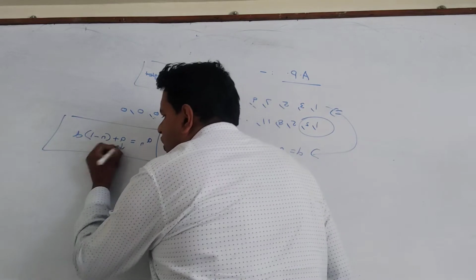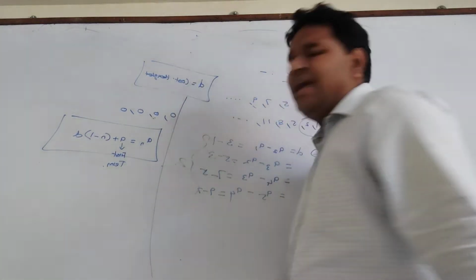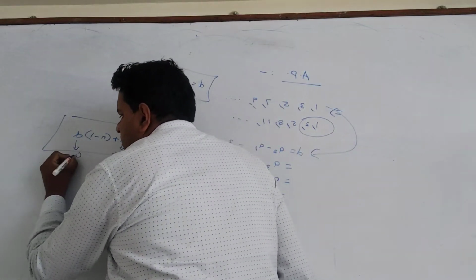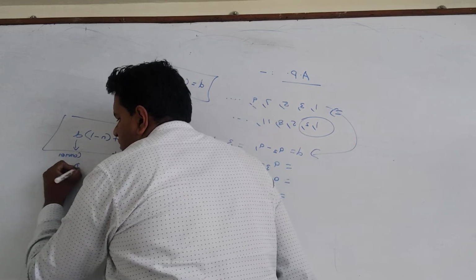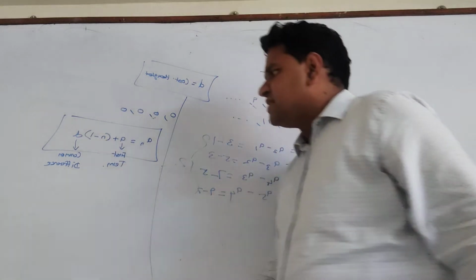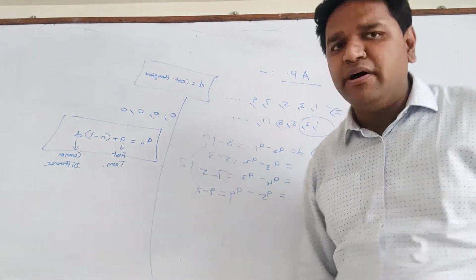A is always the first term of the arithmetic progression. N is the number of terms. D is the common difference.